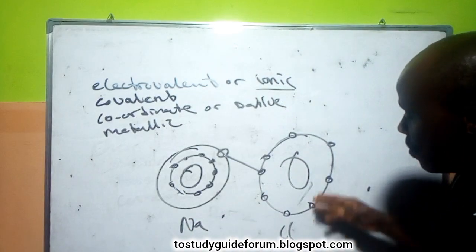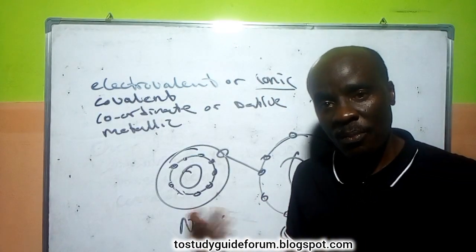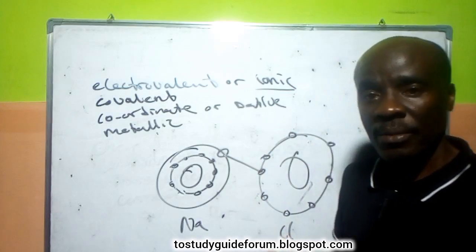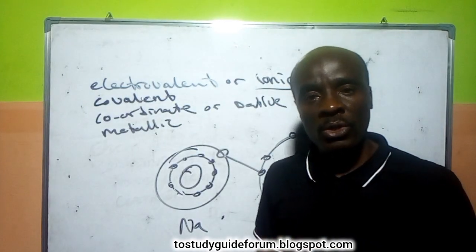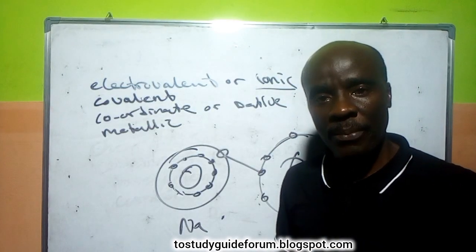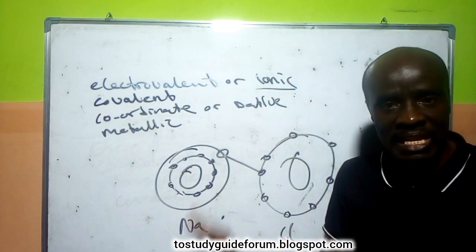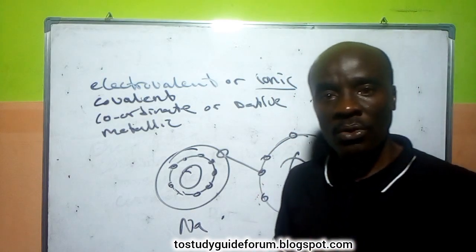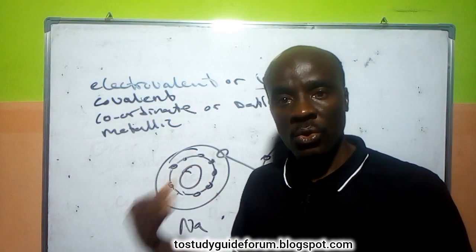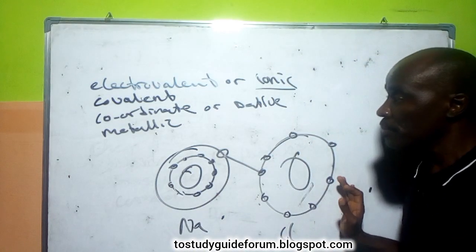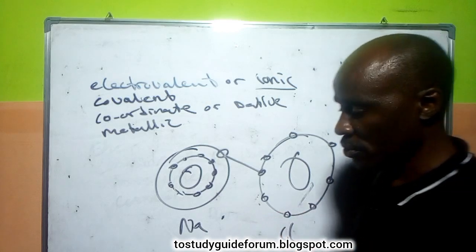When they dissolve in water, they form ions. That's why they can also be called ionic bonding. They have high melting and boiling points, and they can also conduct electricity in molten state or in solution. That's one of some of their properties that you should note.